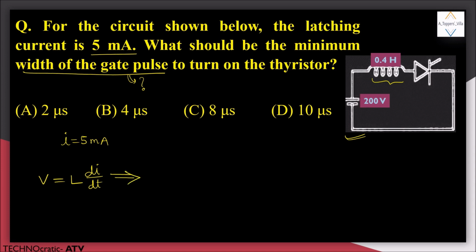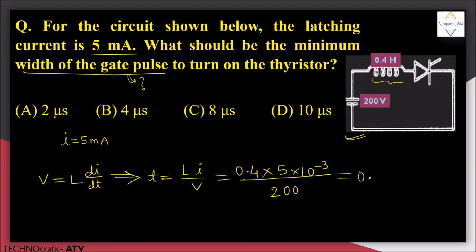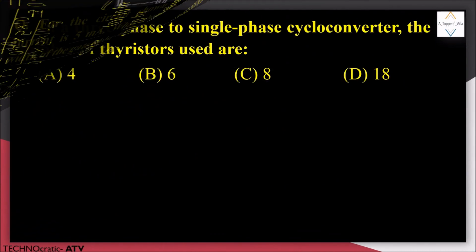So to find the value of width of the gate pulse, we can write T is equal to L I upon V. So L is 0.4 here, I is 5 milliampere, and the voltage is 200 volts. So the answer you will be getting will be 0.00001. So that is equivalent to 10 microseconds.